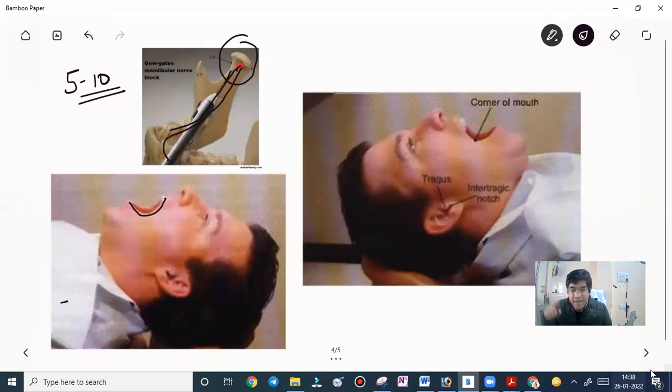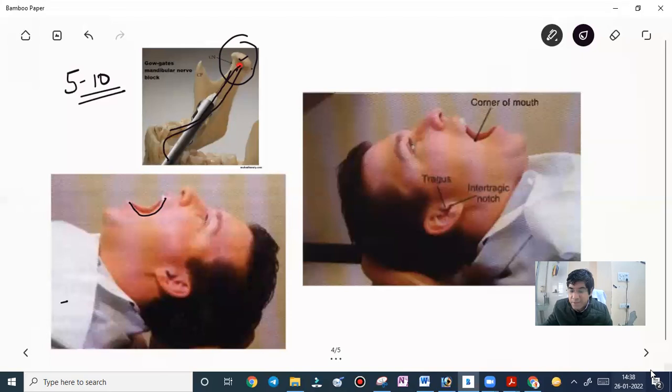So the mandibular nerve, it descends from the foramen ovale, and the nerve position is little anterior to the neck of condyle here. So that is the region where we have to give the block.